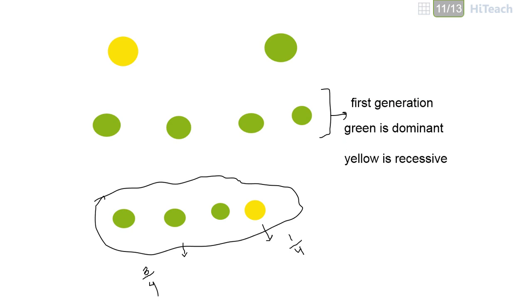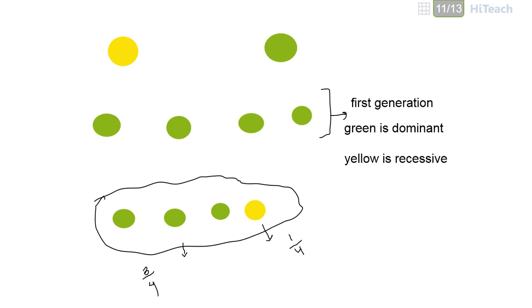Why did the yellow disappear in the first generation, and you can see it in the next generation? The trait that seemed to disappear in the first generation reappeared, as you see, in the second generation. What did Mendel hypothesize? That each plant must have two heritable factors.